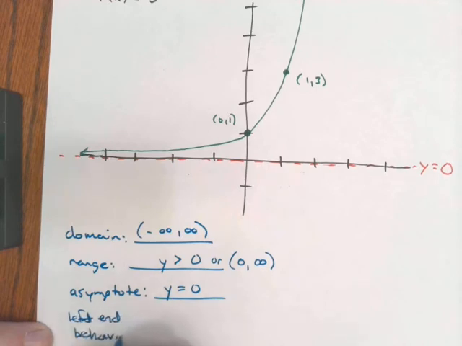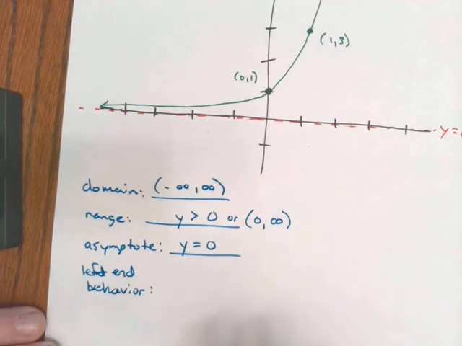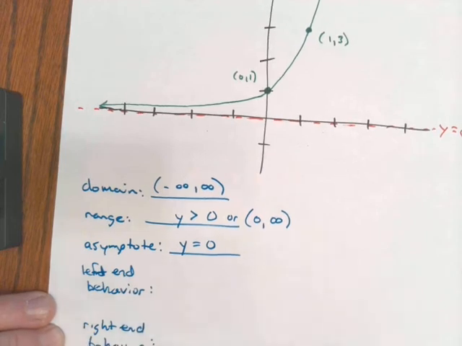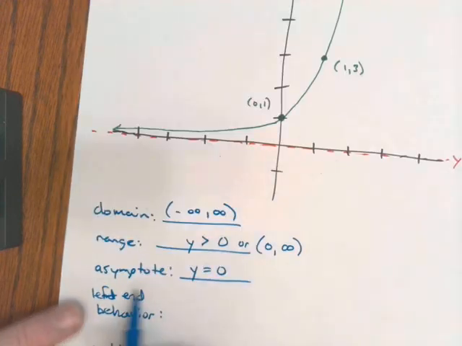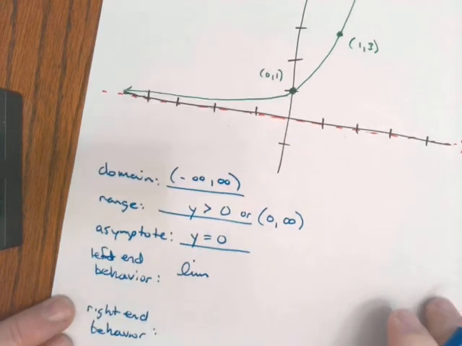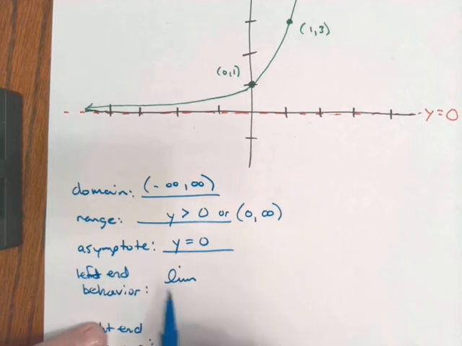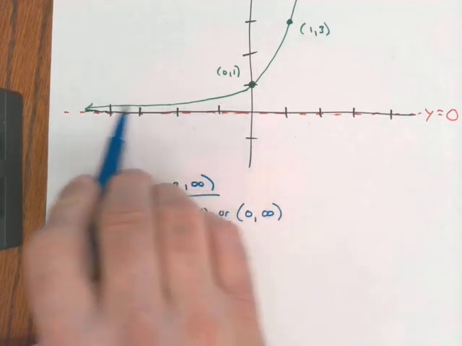We have a couple of limits to write. We need a limit for the left end behavior and also the right end behavior. For the left end behavior, we start with LIM, and then underneath this we have to say, well, how far to the left does this graph go? This graph goes forever to the left, so x is approaching negative infinity.